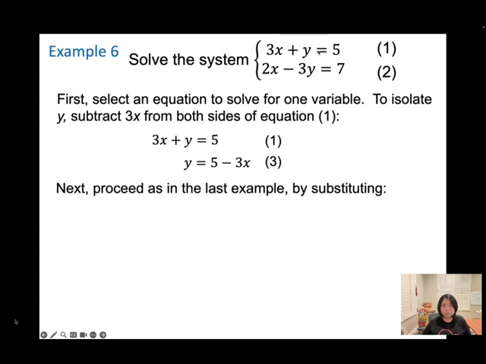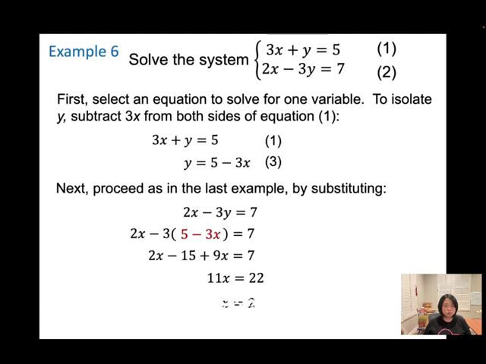We started from equation 1. After we isolate the variable y, we're going to plug back into equation 2. So my y will be equal to 5 minus 3x. Distribute it one by one. Make sure you distribute the negative as well. Combine the like terms. You're going to find x equal to 2.